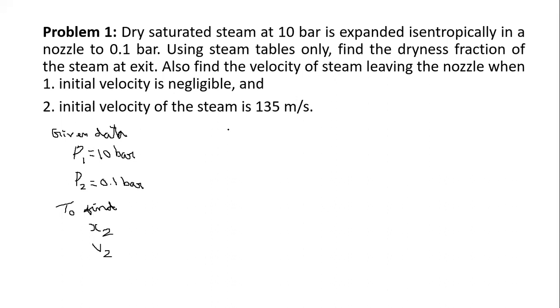Then for the corresponding value of pressure equal to 0.1 bar, you need to write the value for SF2 and SFG2. Then you can find the value for X2. So solution.